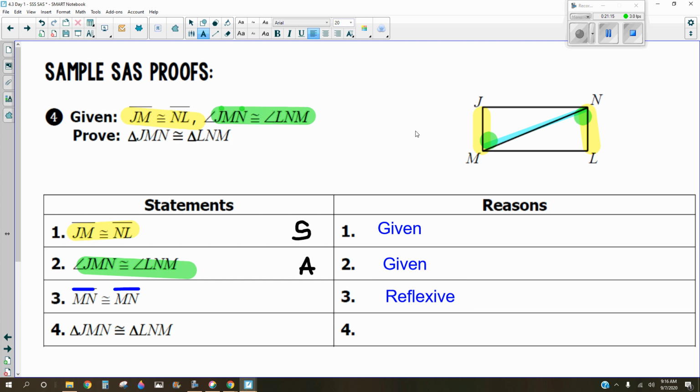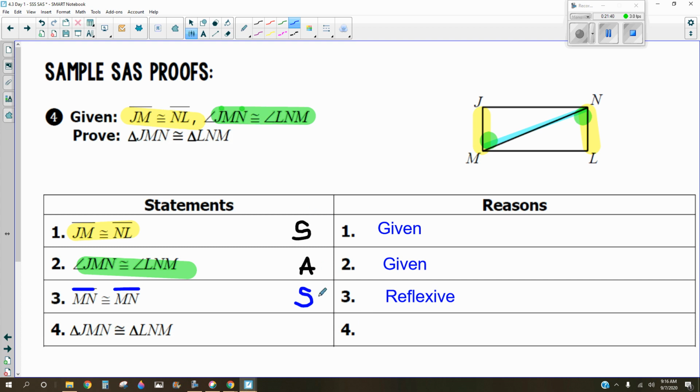So it's the reflexive property. It's identical on both sides. And then we record, is that a side or an angle? Well, it looks like it's a line. It looks like it's a stick, so I say S. All right, so now I have side, an angle, and a side.